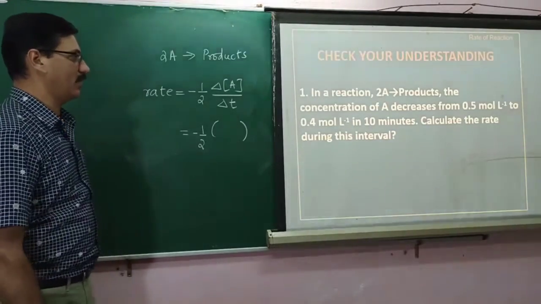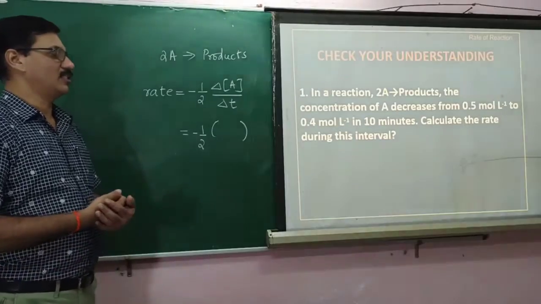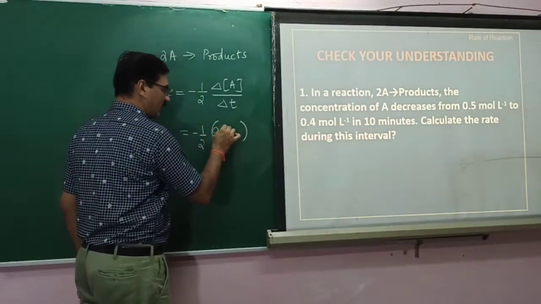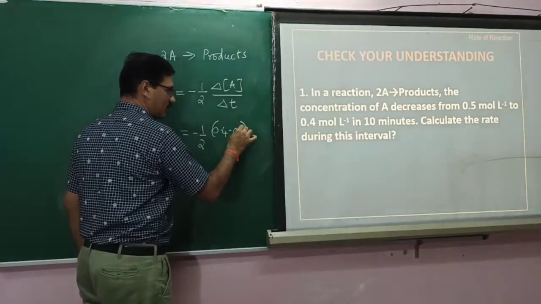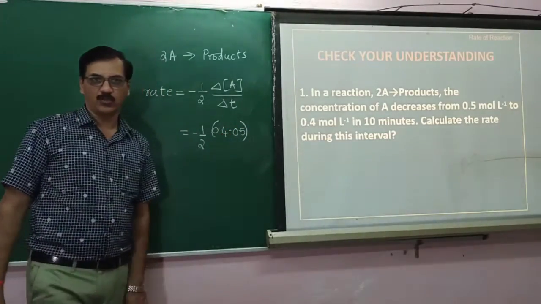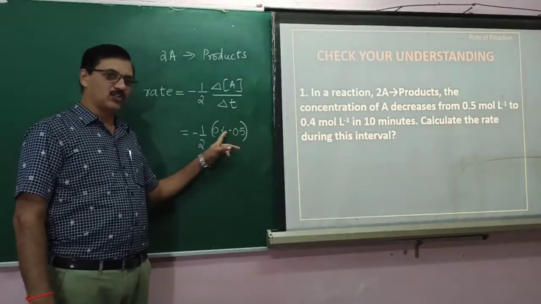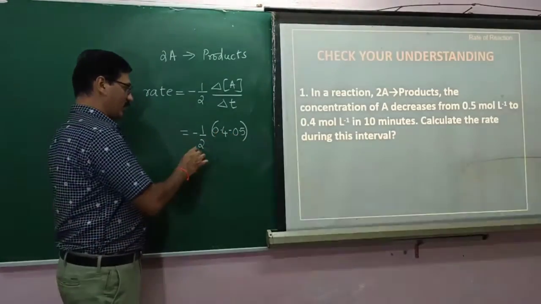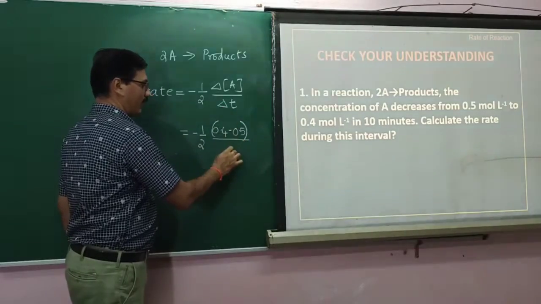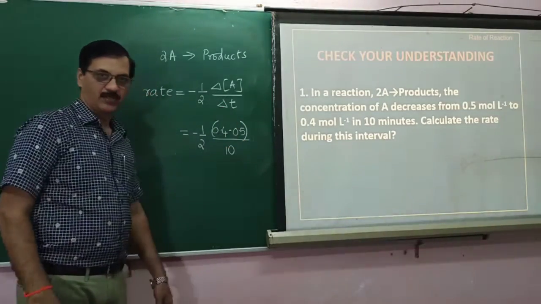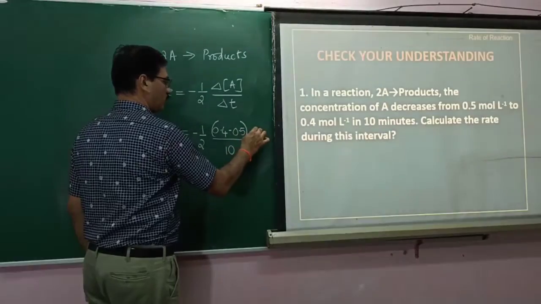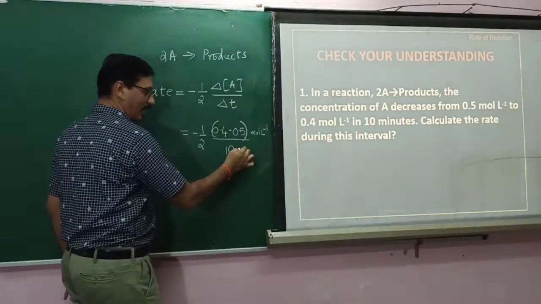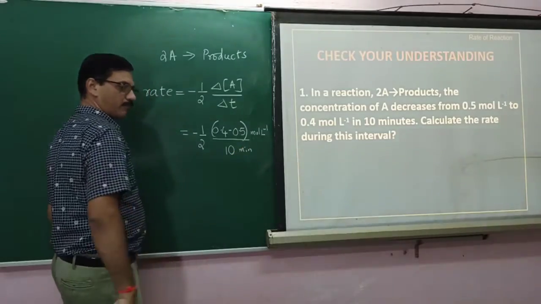The concentration decreases from 0.5 moles to 0.4 moles. The final concentration is 0.4 moles and the initial concentration is 0.5 moles. Right? Final minus initial. This is divided by the change of time, 10 minutes. The unit is moles per liter per minute.